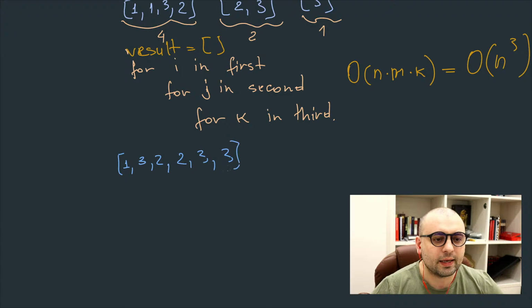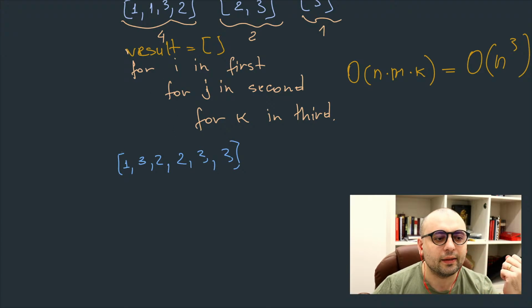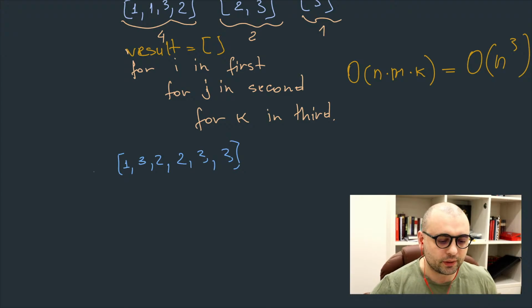And in this case, we have doubles. So probably the algorithm will be something like first getting the distinct values from each array, which can be done in a linear manner. We do a linear search and get the distinct values using a hash set. That's probably the most idiomatic way to do it.